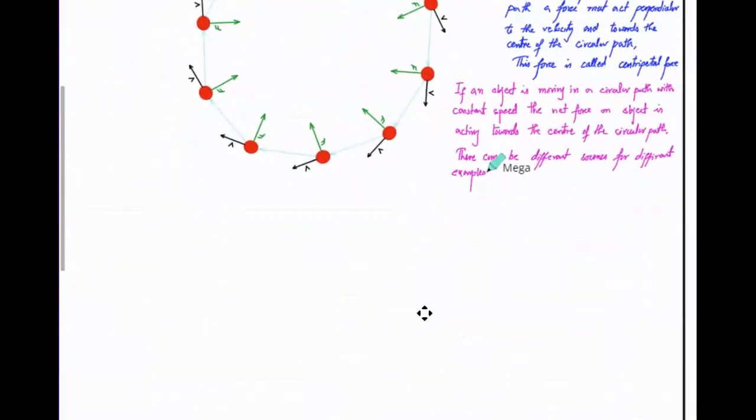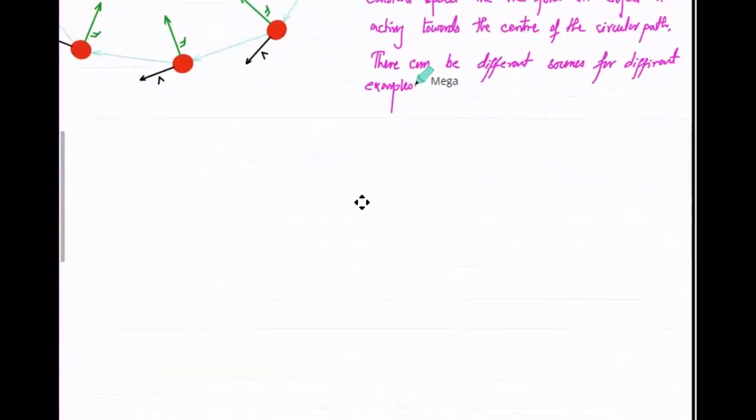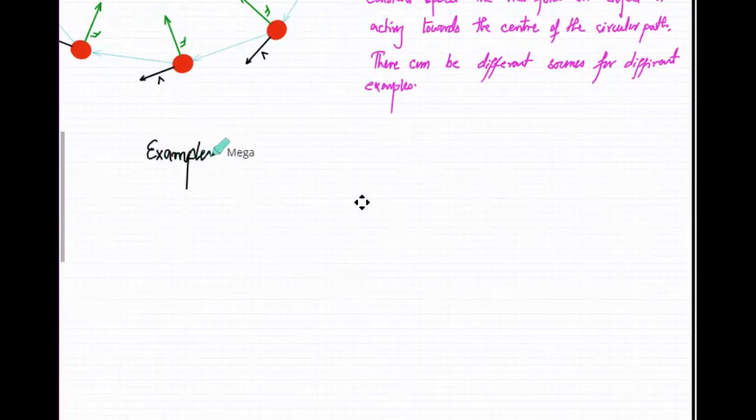There can be many reasons for an object to move in a circular path, but there has to be one particular condition: if an object is moving in a perfect circular path, there is a net force acting on that object, and that net force is pointed toward the center of the circular path. So let's see some examples, sources of centripetal force.